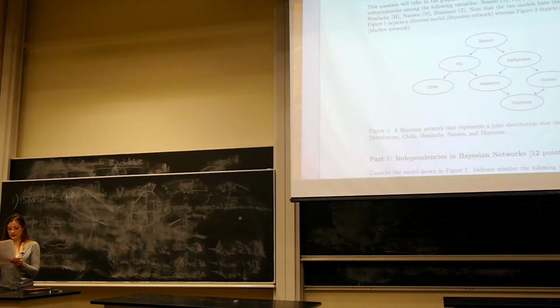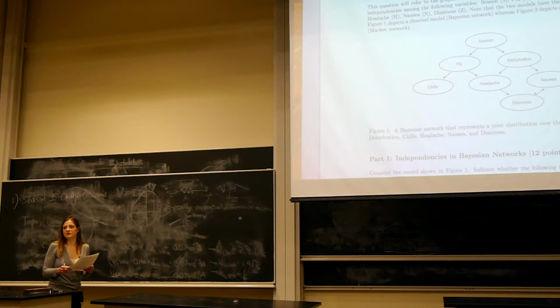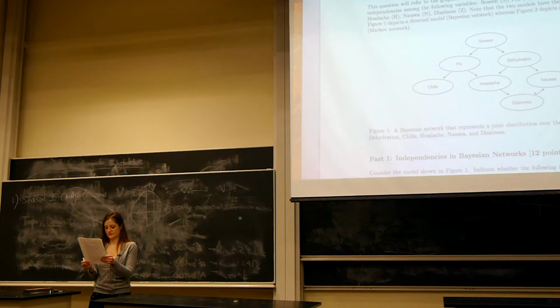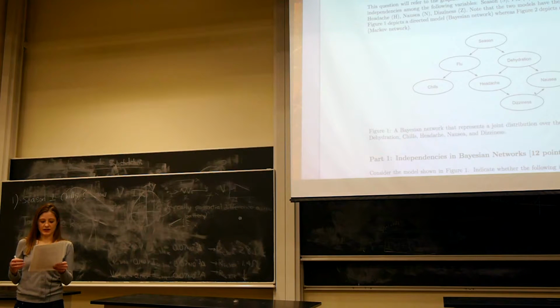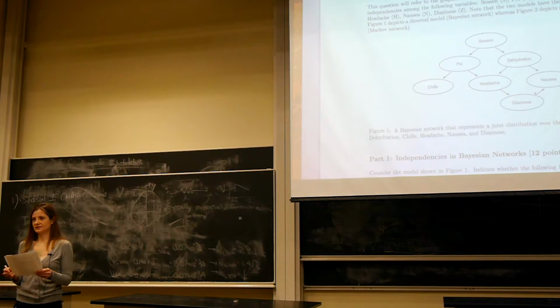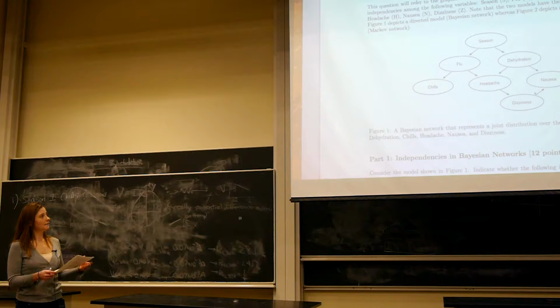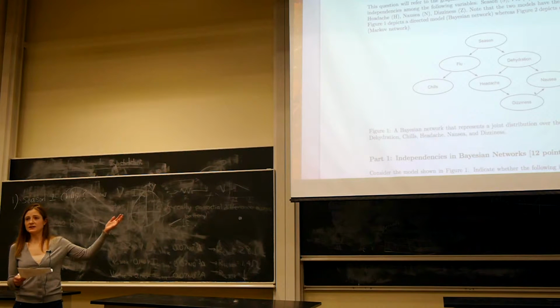So nothing is observed. I'm just saying, is season independent of chills? Is it true or false? Is it dependent or not? Dependent, right? So it's clear to say it's not independent. In fact, all we can say from this network is that we don't know for sure that it's independent.